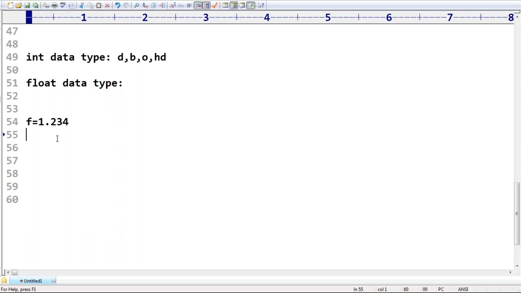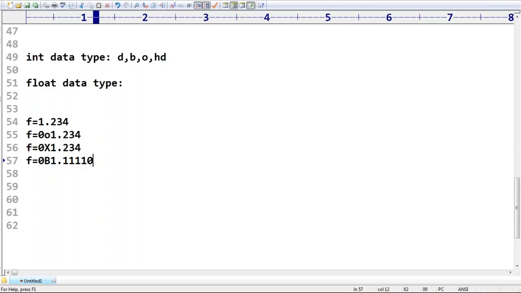No problem at all. If I take F is equal to 0o1.234. Next, F is equal to 0x1.234. I'm taking, sir, F is equal to 0b1.1110, something like that. Can you please observe?